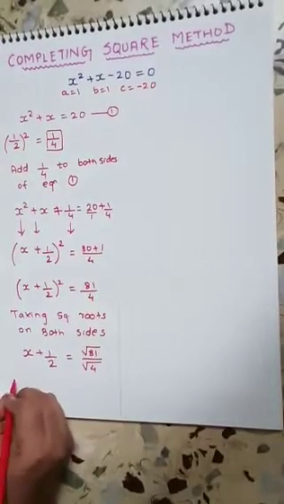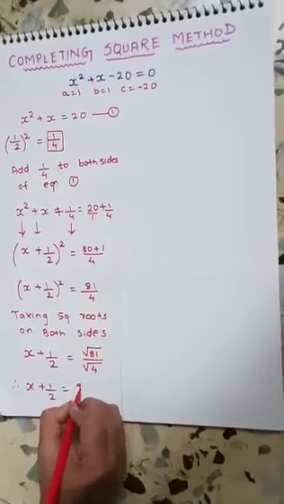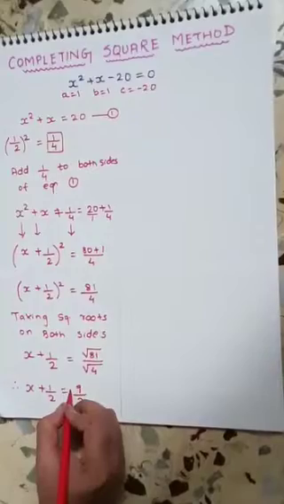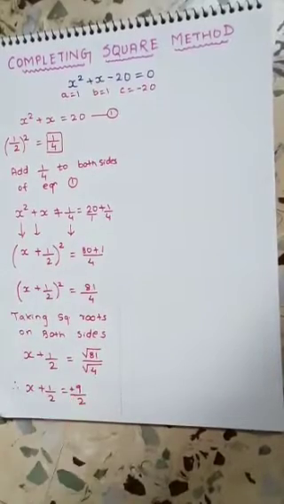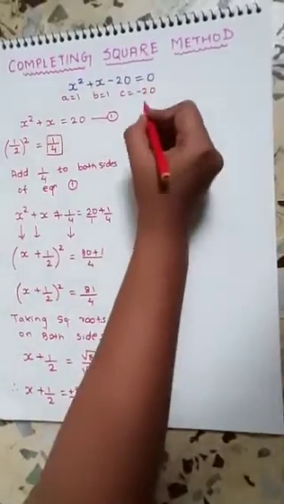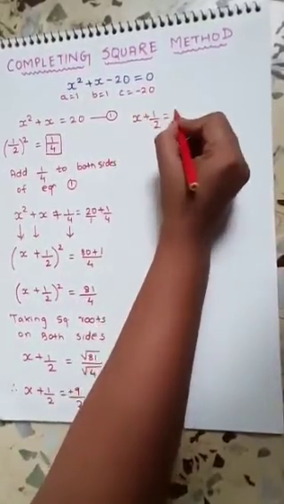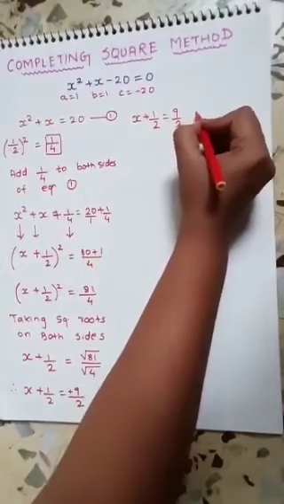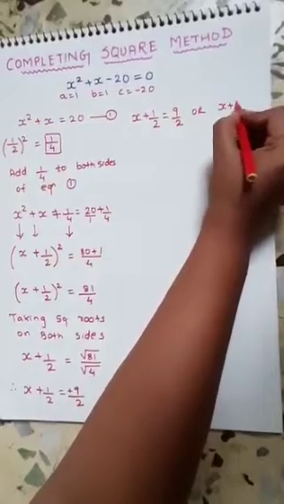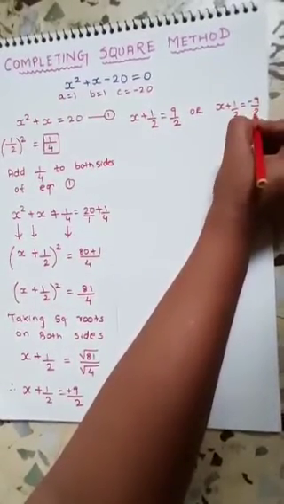Next step, I'm going to write, therefore x plus half is equal to 9 upon 2. But as you know, the square roots are both positive and negative, so I'm going to write it as plus or minus. Now x plus 1 upon 2 is equal to positive 9 upon 2, or x plus 1 upon 2 is equal to negative 9 upon 2.